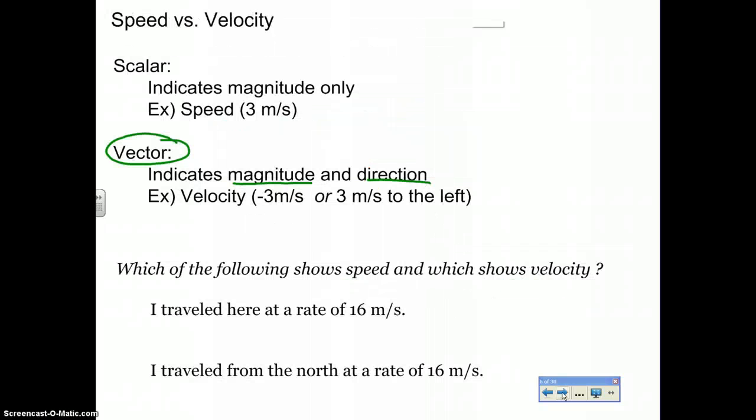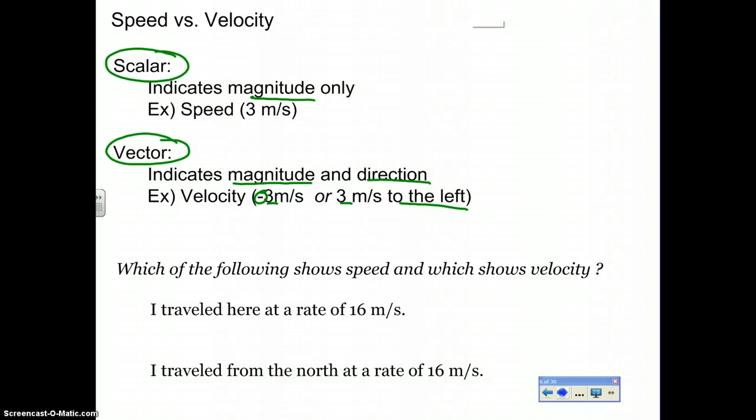What makes it a vector quantity is because it indicates both a magnitude, some number, and a direction, either a sign or a direction given in words. So displacement would be an example of a vector quantity. Distance, on the other hand, is what we call a scalar quantity because it indicates magnitude only.